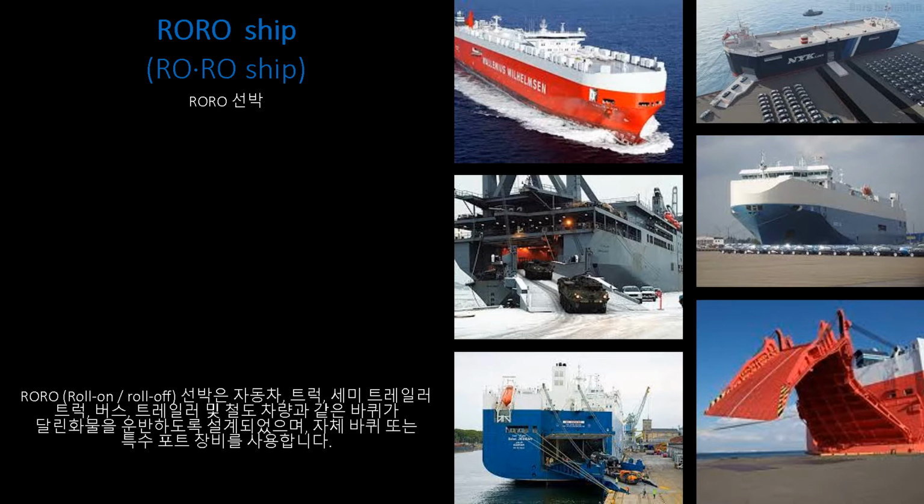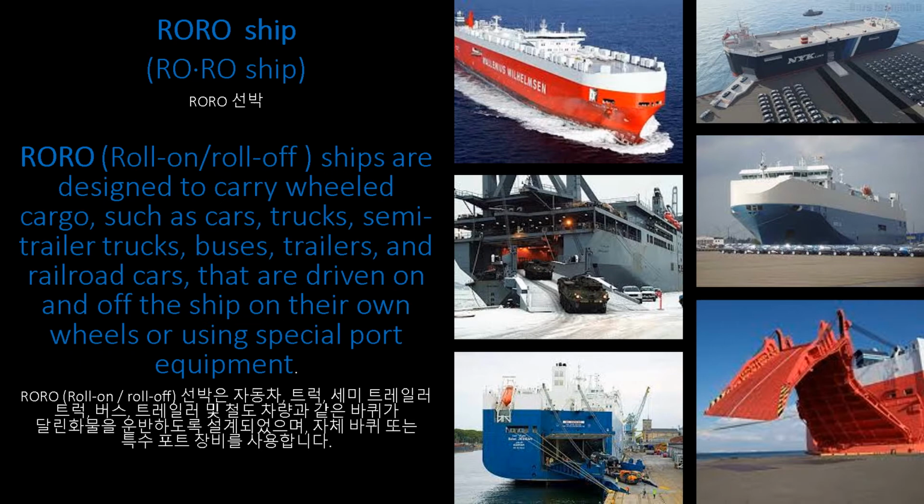Ro-ro ship. Ro-ro, roll-on, roll-off ships are designed to carry wheeled cargo such as cars, trucks, semi-trailer trucks, buses, trailers, and railroad cars that are driven on and off the ship on their own wheels or using special port equipment.